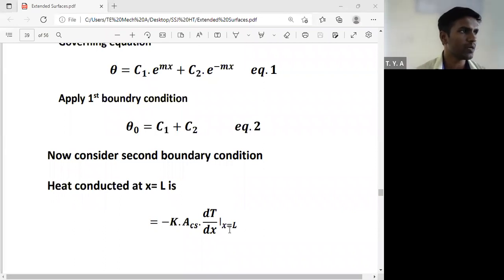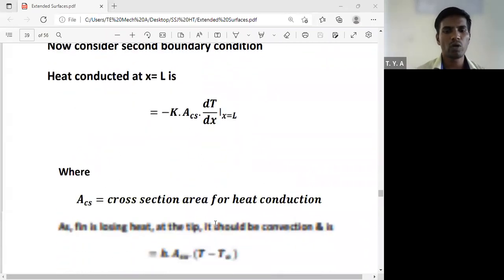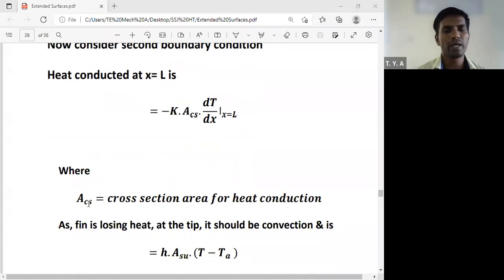So we have to take the dt by dx at x is equal to L. Okay, where ACS is nothing but cross section area for heat conduction.